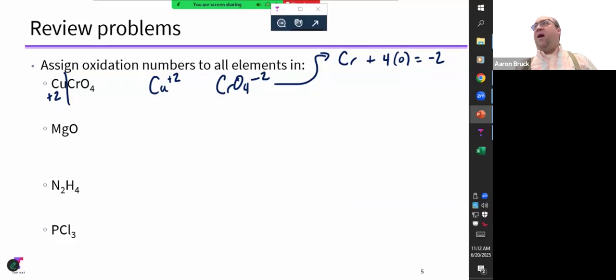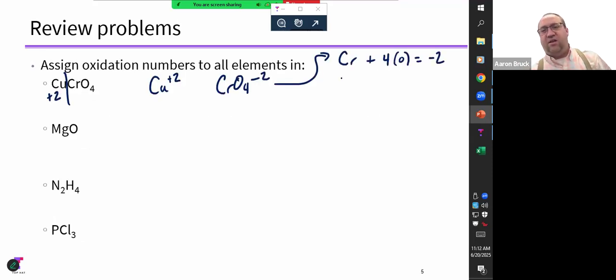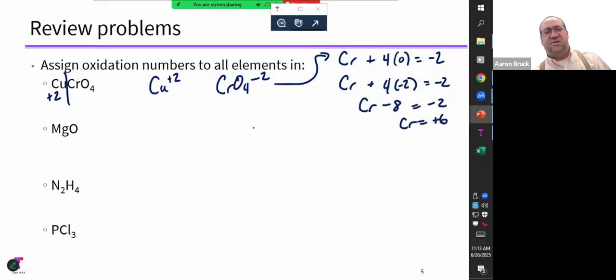Now, if I go back to my guidelines, I know that covalent compounds, including polyatomic ions that contain oxygen, are going to have oxygen at -2. So chromium plus 4 times -2 is equal to -2. Chromium minus 8 is equal to -2. So the chromium must be +6.